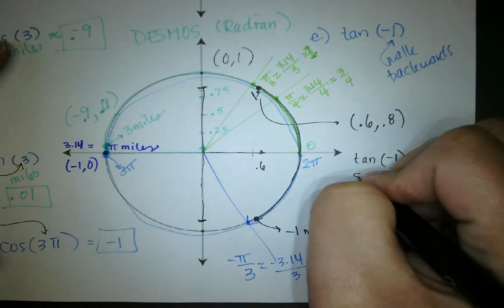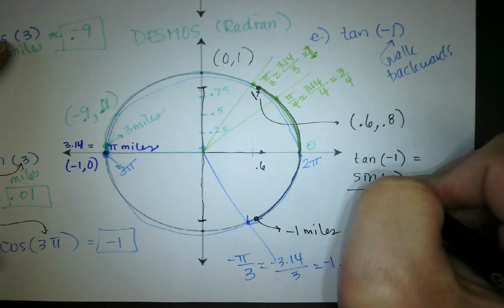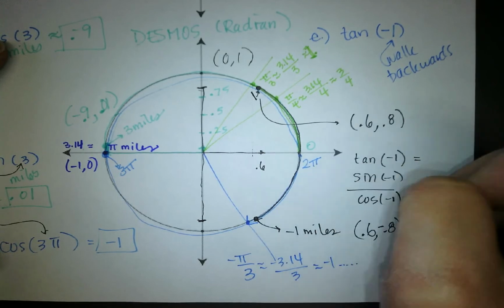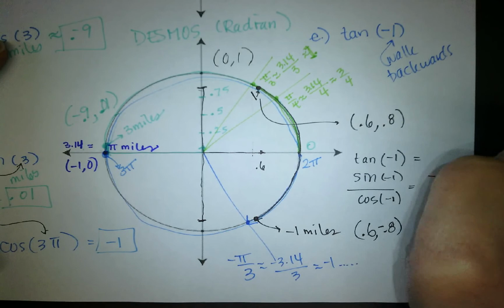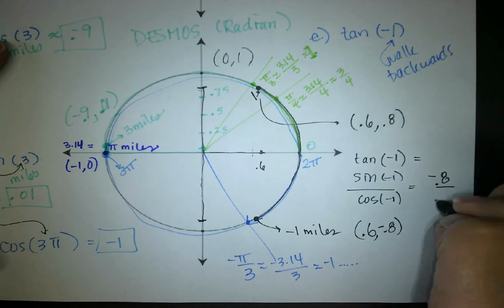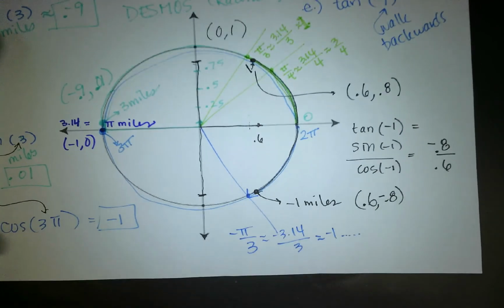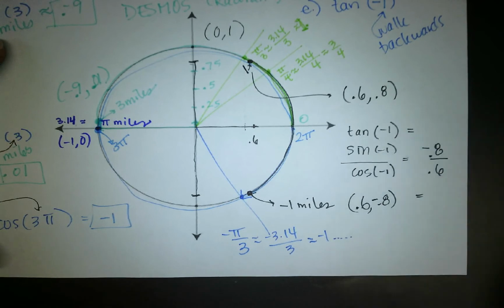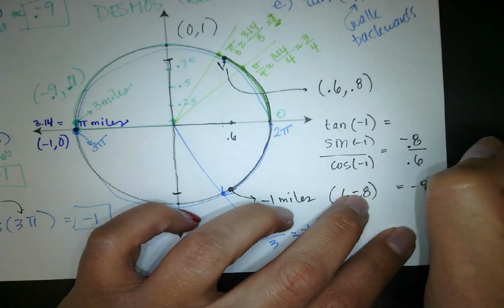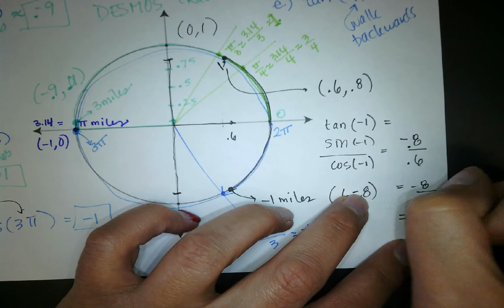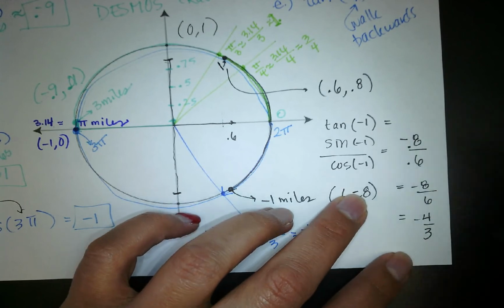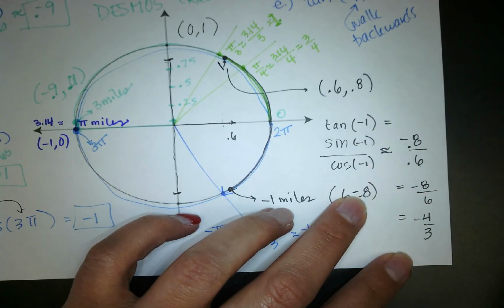That is sine over cosine. The sine value is negative 0.8 over 0.6, and if you simplify that, you get negative 8 over 6, which is negative 4/3.